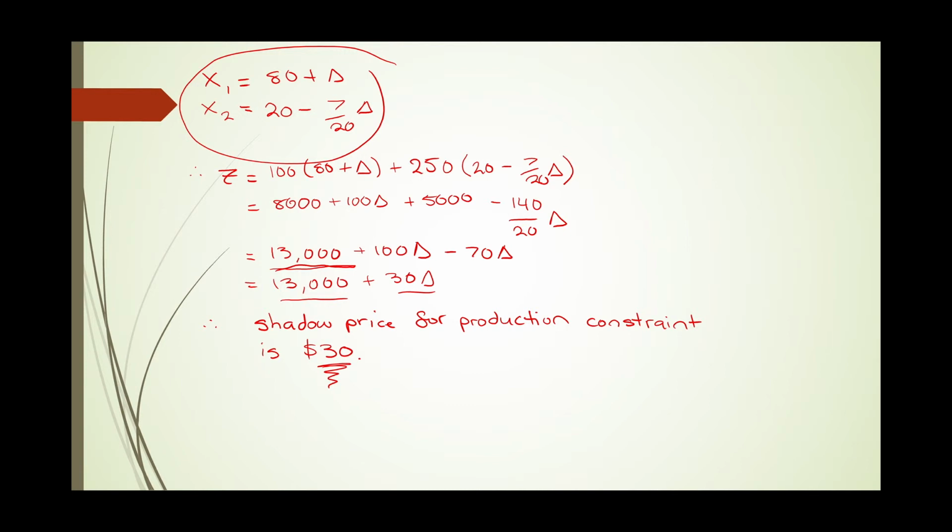So what this means is, this is our original optimal solution, which was $13,000, plus 30 delta, which means that the shadow price for this production constraint is $30, meaning for every 1 unit increase in the production constraint, the optimal z value will increase by $30.